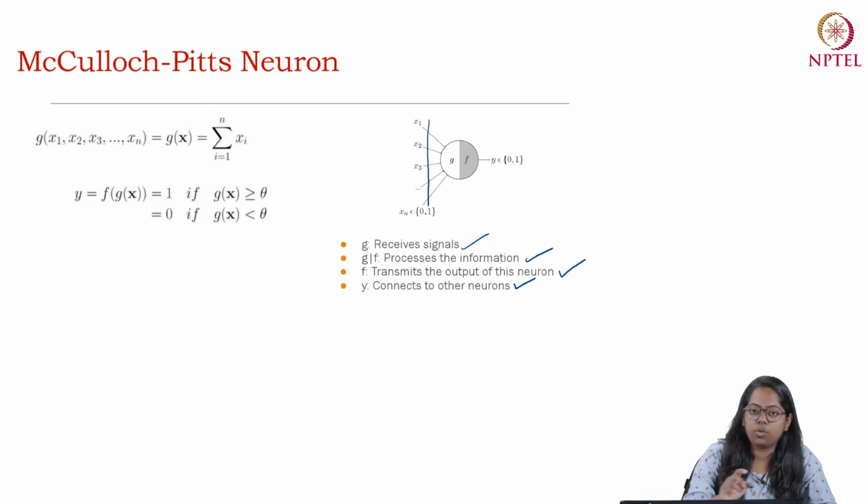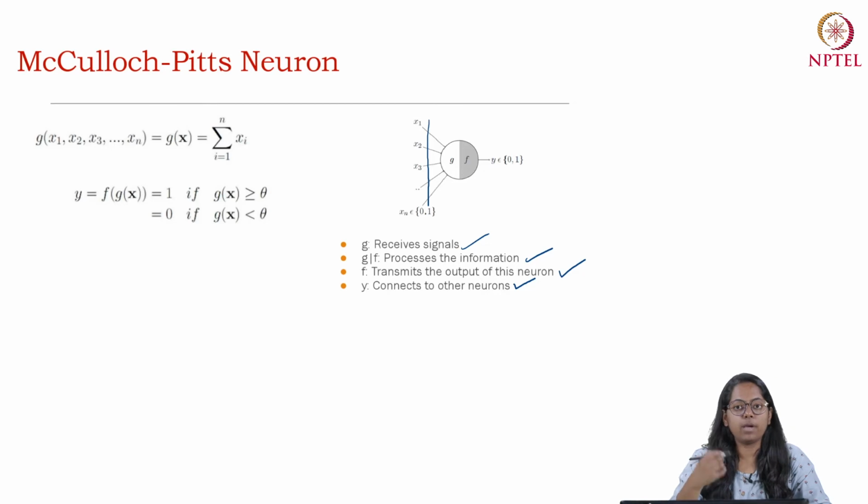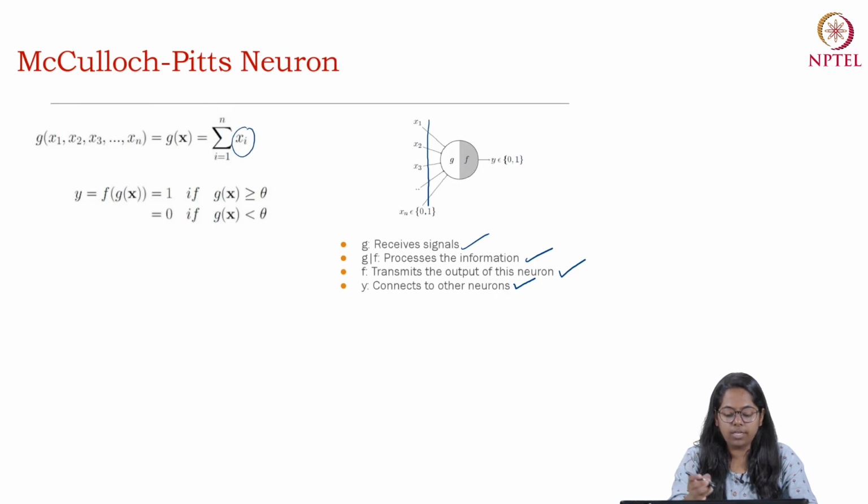Now here, this equation is just a mathematical modeling of what we just mentioned. We have these inputs xi, which are all binary, and we perform a summation over all of these inputs, and this whole aggregated sum is called g(x).